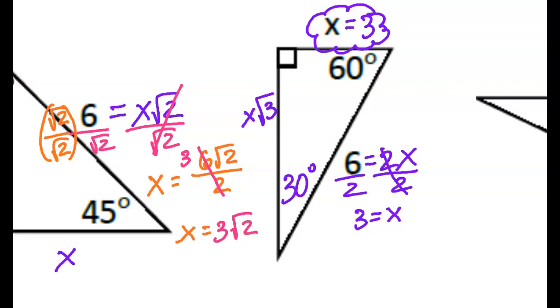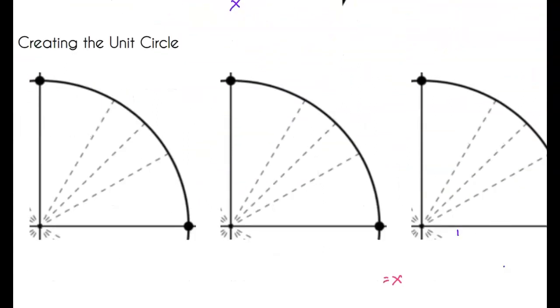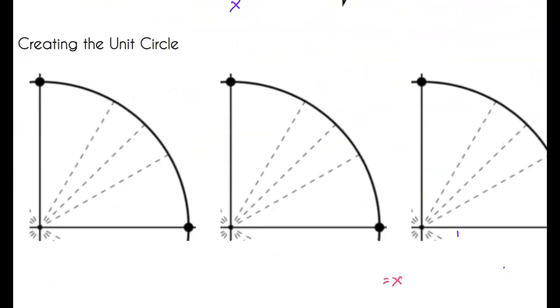Okay? All right. So now we're actually going to be creating a unit circle. The best part of today. I love, love, love it. So notice that we have three quarter circles. And what these are representing is the first quadrant on the unit circle.